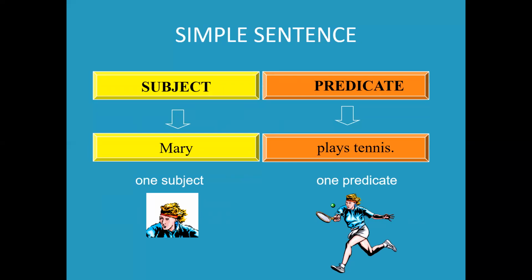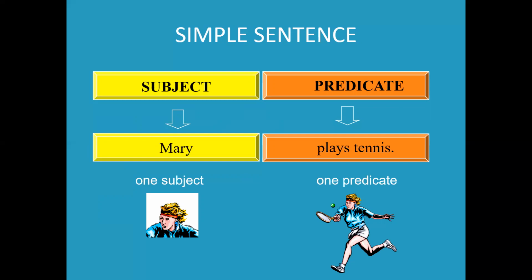One another most important thing is there. You should understand, in the simple sentence, we have one finite verb. Listen again. In simple sentence, we have one finite verb.